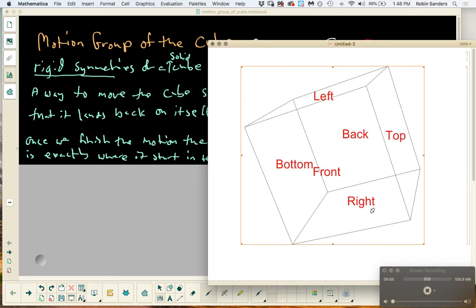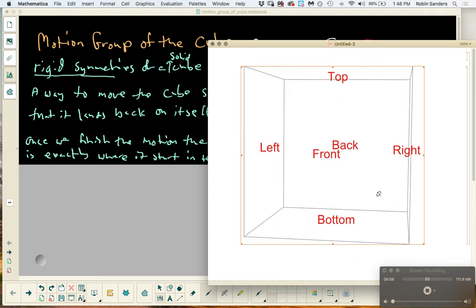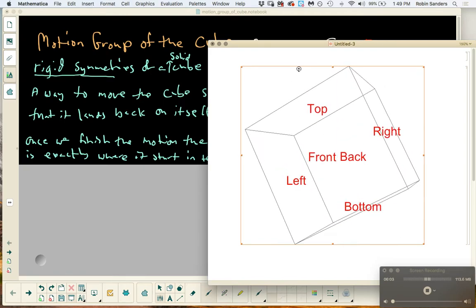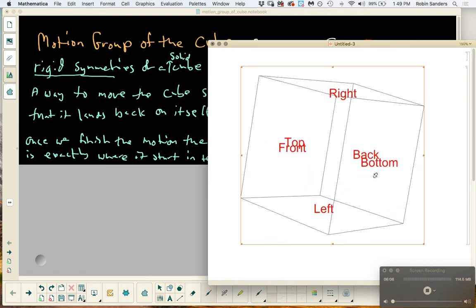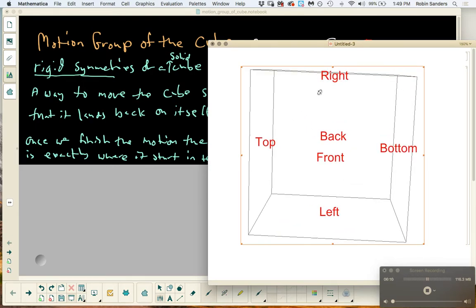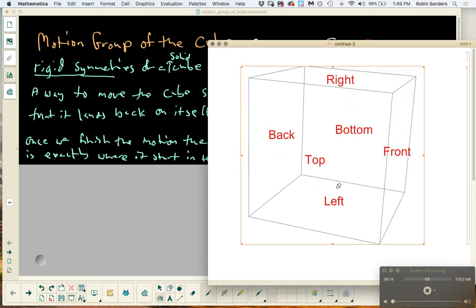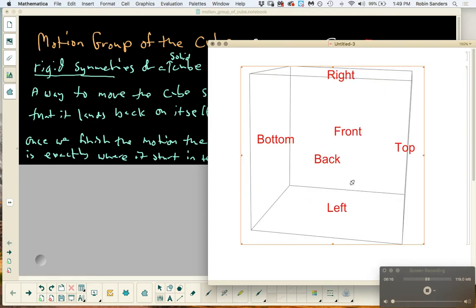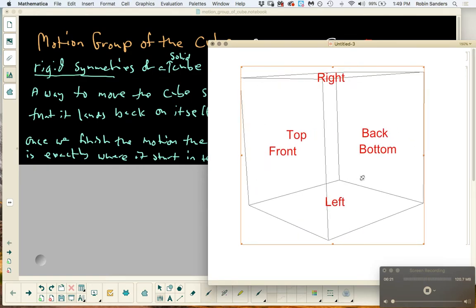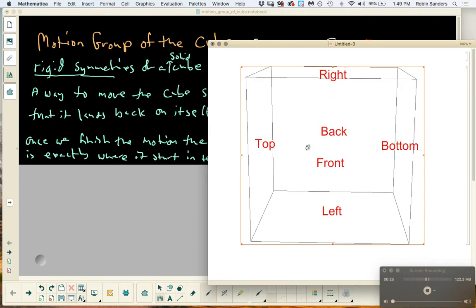And going back to my original cube, I could also have rotated the cube to make the right side become the top side. And then, of course, there's a 90-degree rotation, a 180-degree rotation, a 270-degree rotation, or 360, which is exactly equal to rotating 0 degrees.